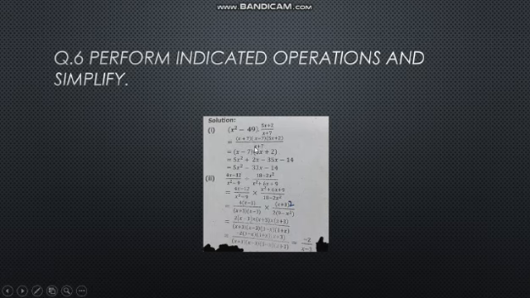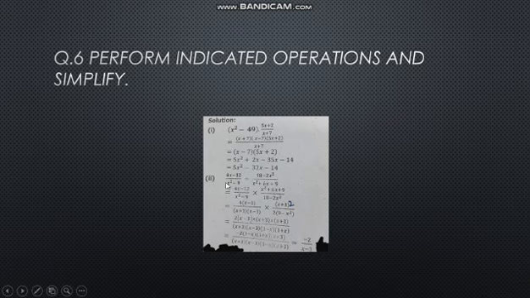This x plus 7 and this x plus 7 will cancel each other, and my answer will be (x minus 7) into (5x plus 2). And after multiplying these two, I will get 5x square plus 2x minus 35x minus 14. This plus 2x and minus 35x is minus 33x. So my answer will be 5x square minus 33x minus 14.